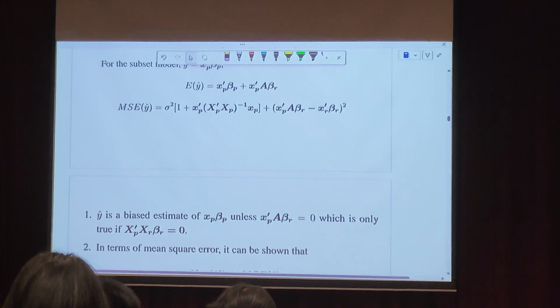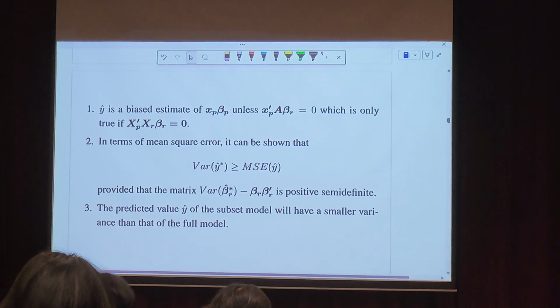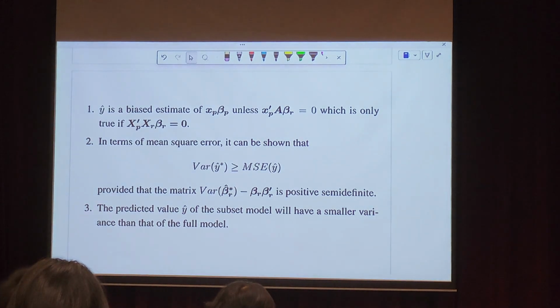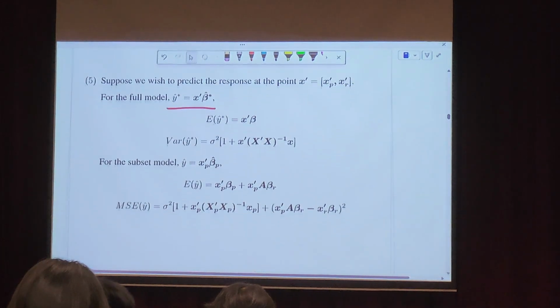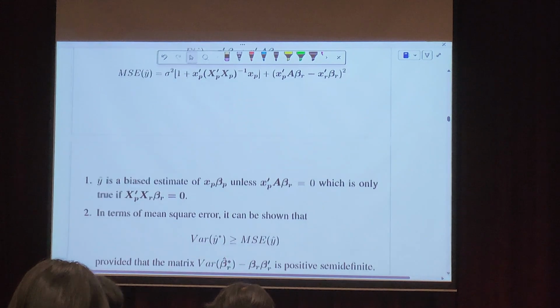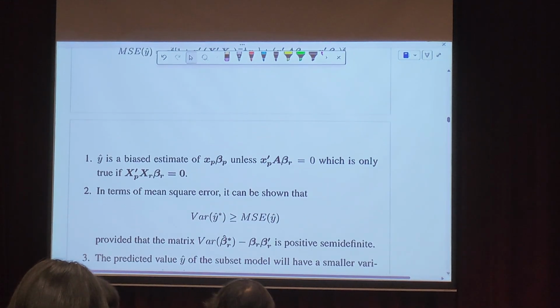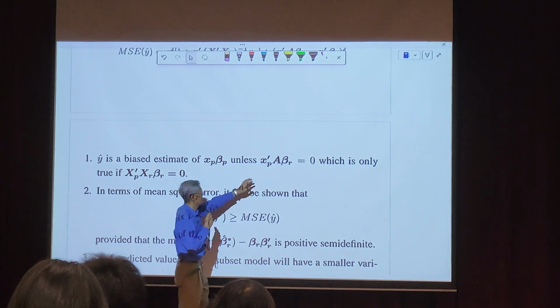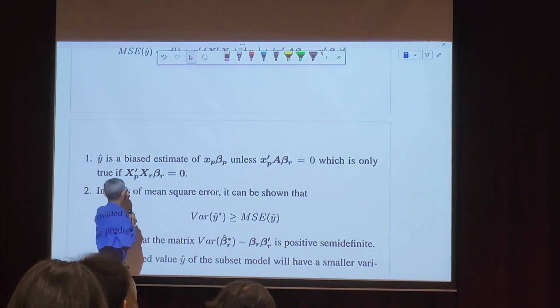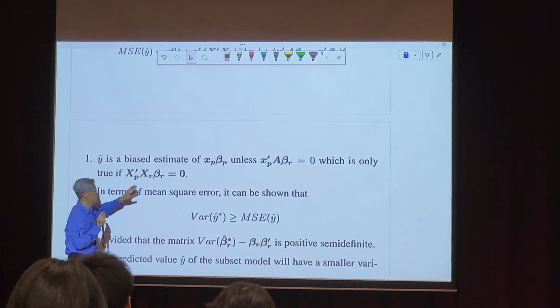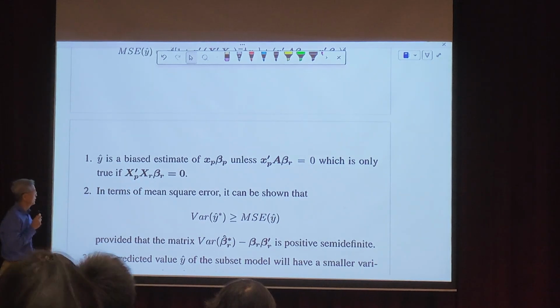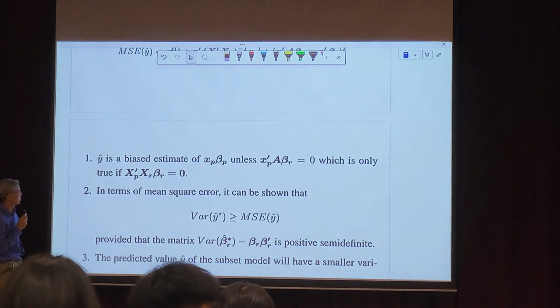From this result, we can conclude the following. Number 1, y hat for the subset model is biased unless this quantity x prime p a times beta is 0, which is only true if this is orthogonal. So if you have orthogonal columns, then it is true.